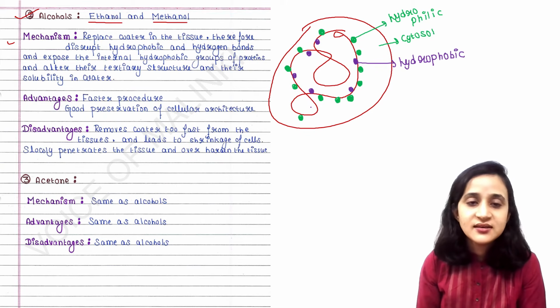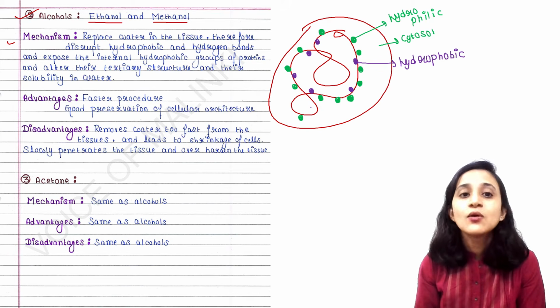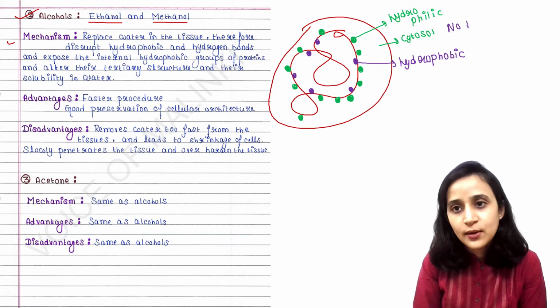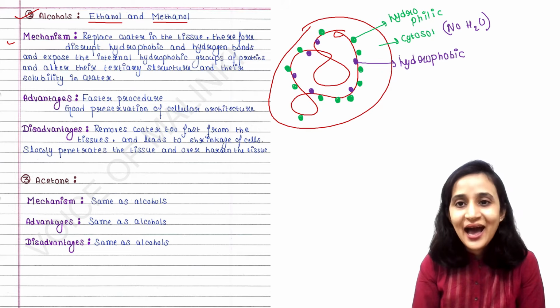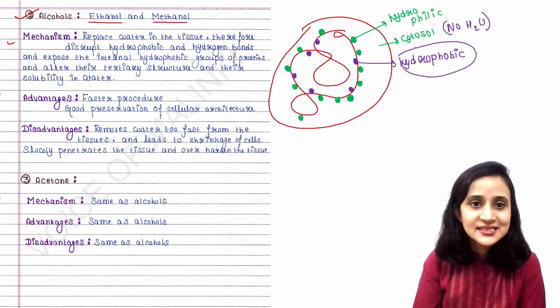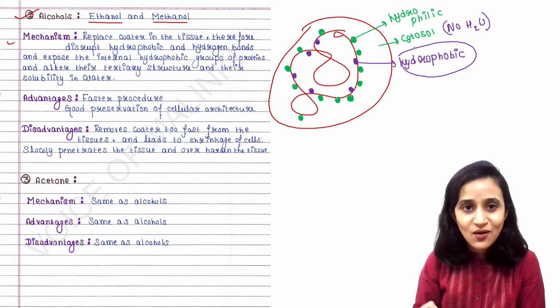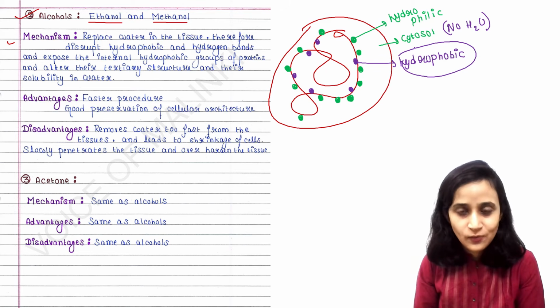Now what happens here? You have applied alcohol and alcohol replaces water in the cell. So now you do not have any water in this cytosol. No water. So these hydrophobic amino acids are now exposed, right? They are exposed because the cell has very little water now.